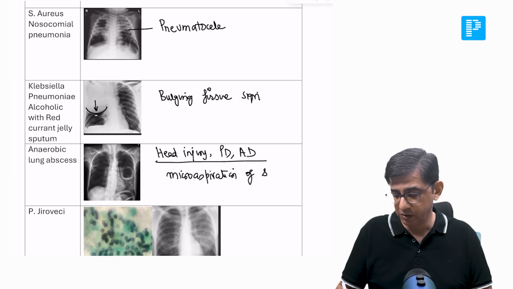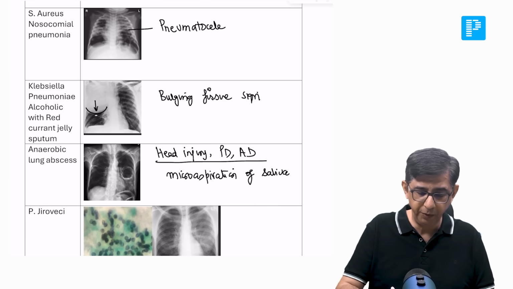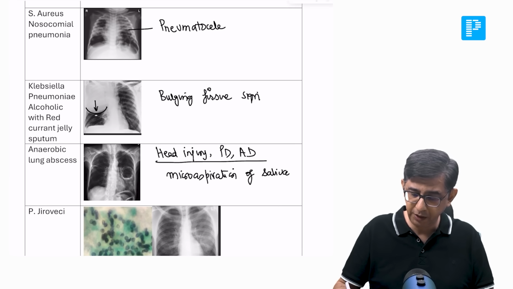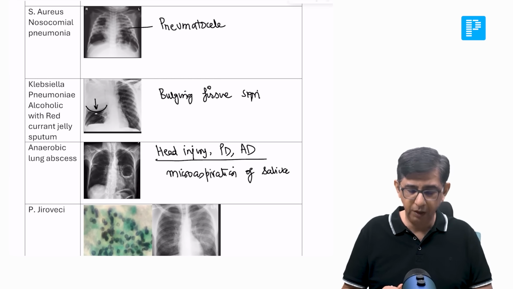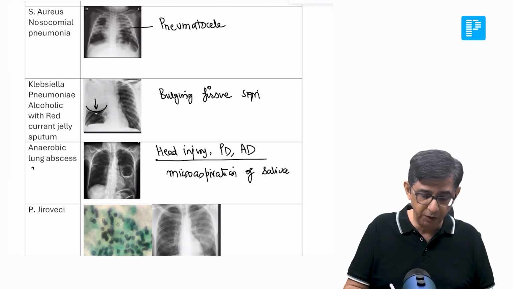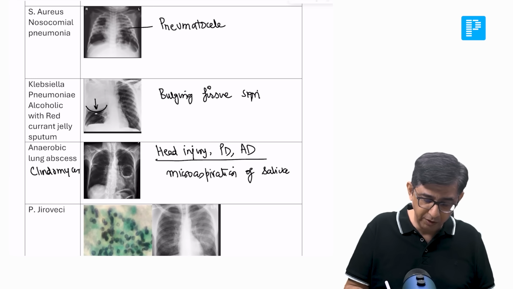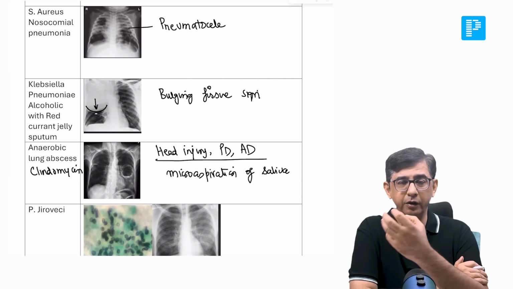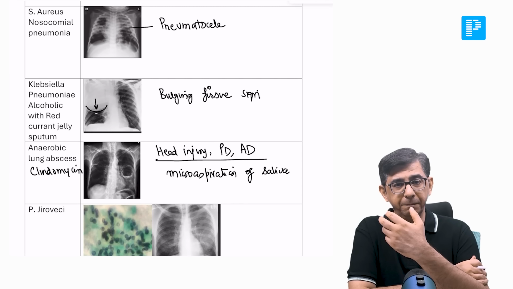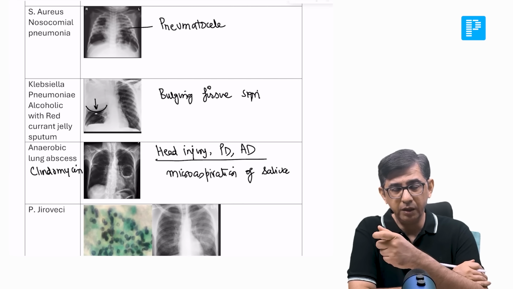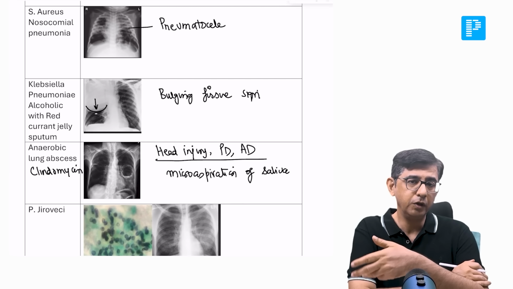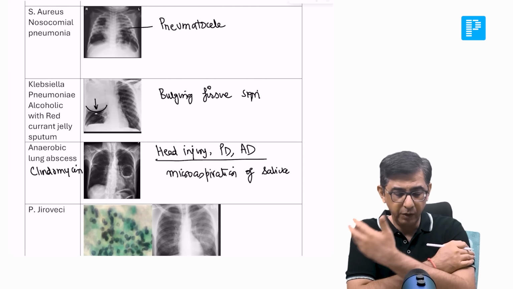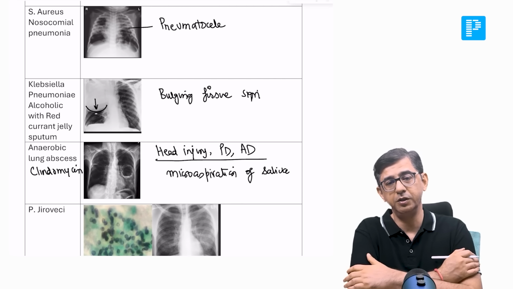This microaspiration of saliva can result in these patients ending up with a possibility of anaerobic lung abscess, for which the treatment would be given with the help of clindamycin. I would also like to say that he may not write about Alzheimer's or Parkinson's. He might just say drug abuse. For example, a guy drank alcohol and took bhang together. So a cocktail of alcohol and drugs together can again result in development of anaerobic lung abscess in a patient.